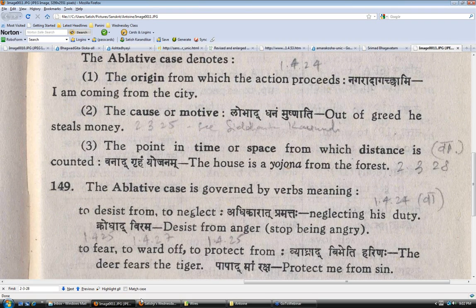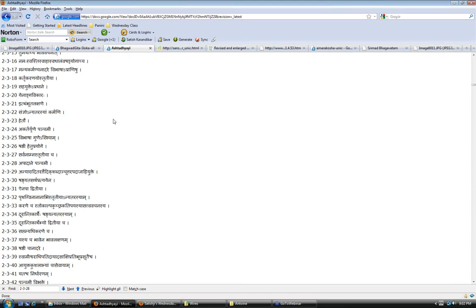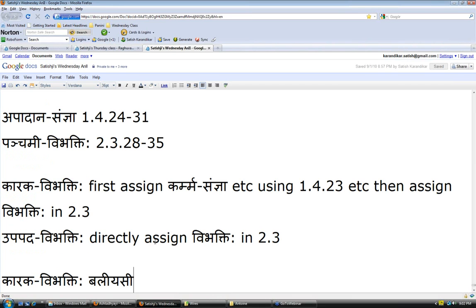I didn't mention that one. 2.3.25, because it says hetau, the panchami comes up in the sense of hetu. So take 2.3.25 also. We'll put that in there, and with that we will stop.